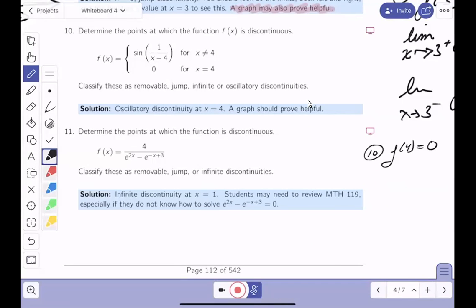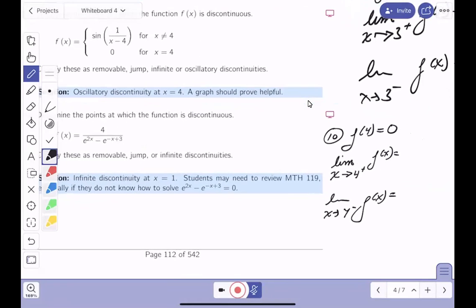But now I got to write my limits down, and I know this is difficult. A lot of students are going to shut down at this point, saying they just want to make a guess at it. Guessing is not a good idea. Where are we going? Limit as x goes to 4 from the right of f of x, and limit as x goes to 4 from the left of f of x.